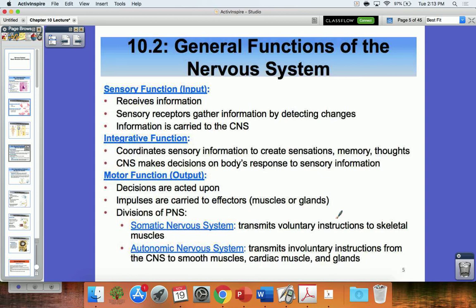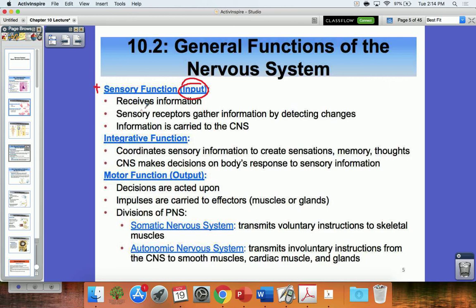So, three general functions of the nervous system. Just like I mentioned, we have sensory, motor, and then you have to have something that's going to process information. So let's go first with sensory. Sensory is just taking that information in. That's why it says input. So the input is what's being taken into the CNS.